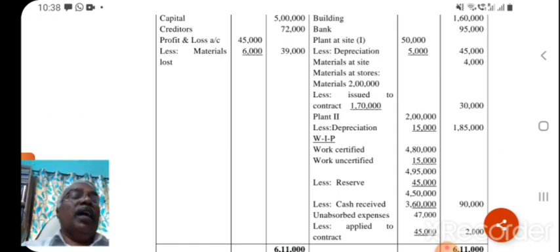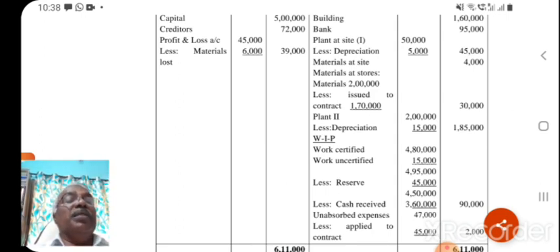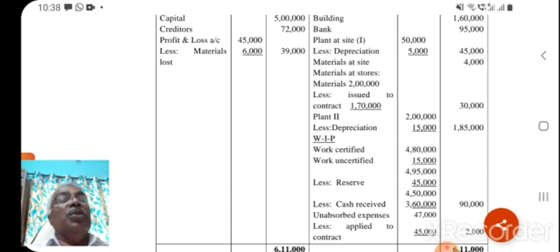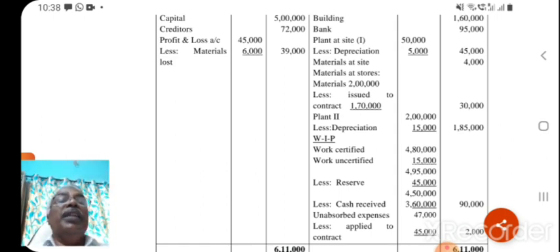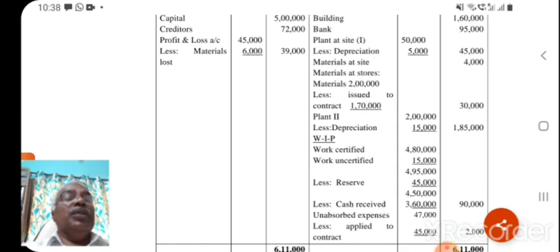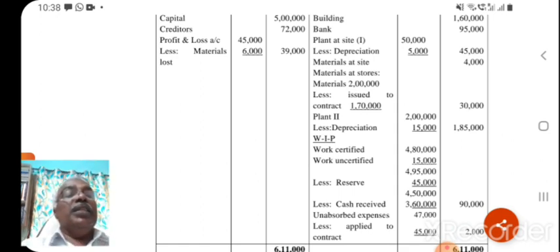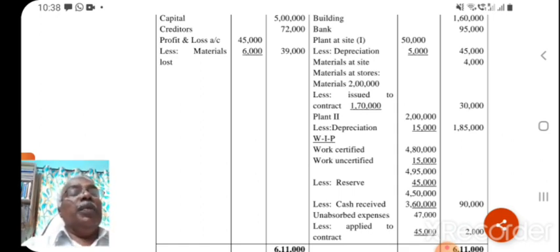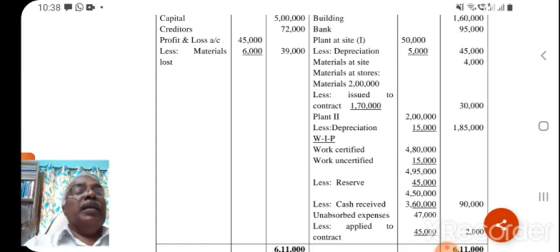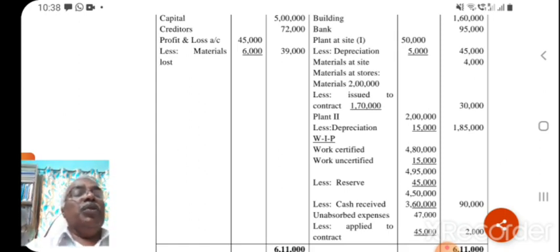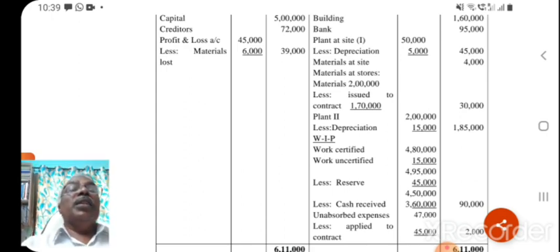Expenses as per the trial balance 47,000, but when the expenses is recovered, it is used only 45,000. So it is unabsorbed expenses 2,000 that you can show on the asset side. And there are different ways of treating that particular item, and that you can understand later. So now you remember, out of 47,000, the expenses applicable to this contract is only 45,000, and the balance you can show on the asset side.